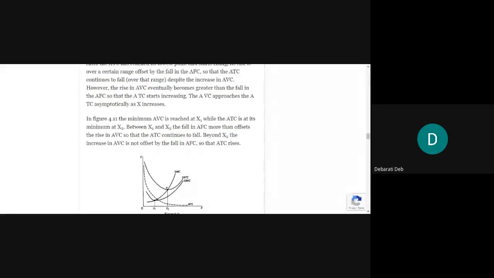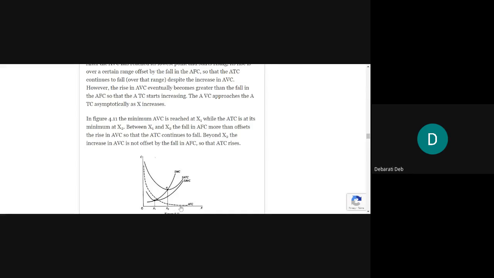However, the rise in AVC eventually becomes greater than the fall in AFC, so that the ATC starts increasing. After x2, the amount of rise in AVC will become more than the amount of the fall in AFC. See, after this range, AFC is not falling sharply, no?